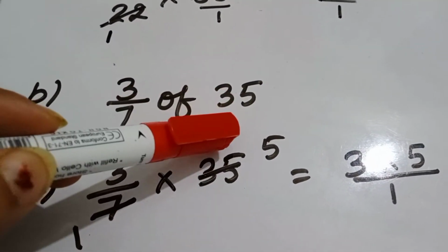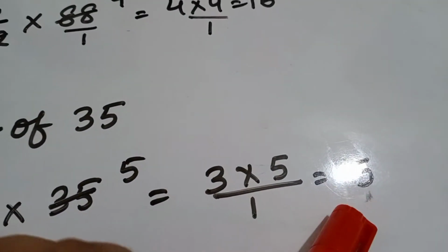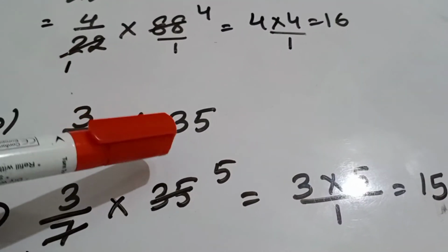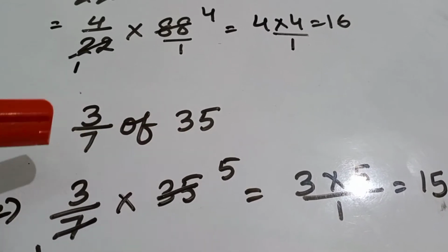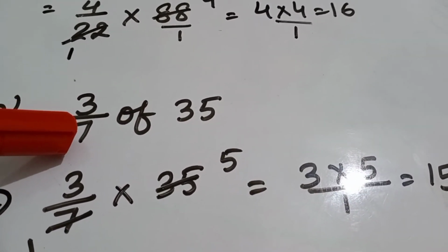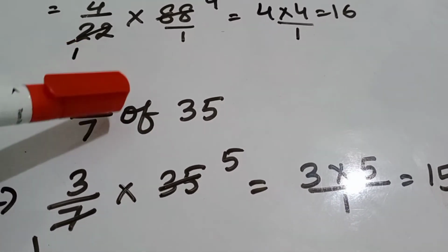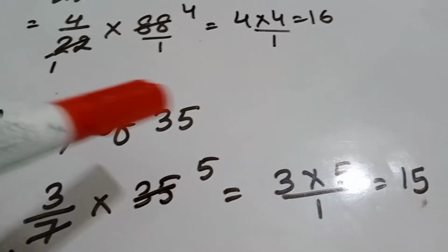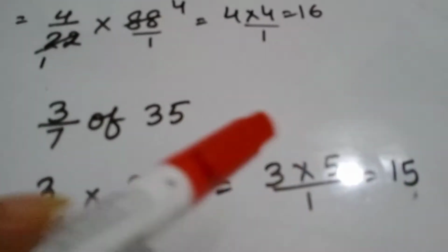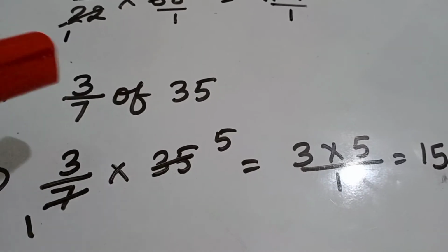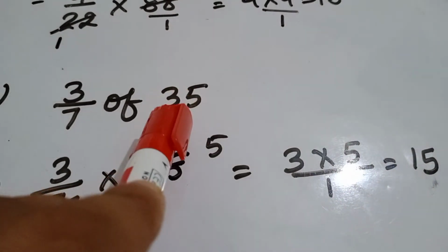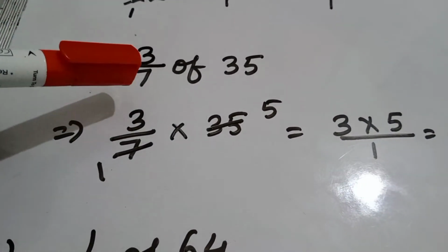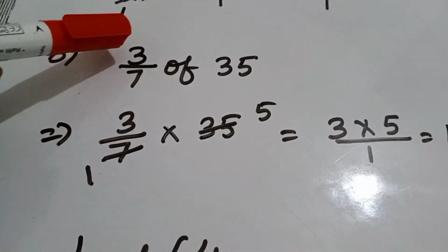So 3 into 5 is 15. It means out of 35, when we make 7 groups and take 3 of them, we will take out 15 items. So this is the fractional part of 35 that we have taken as 3 by 7.